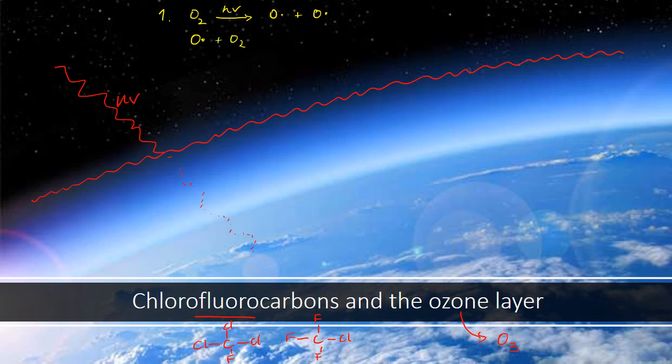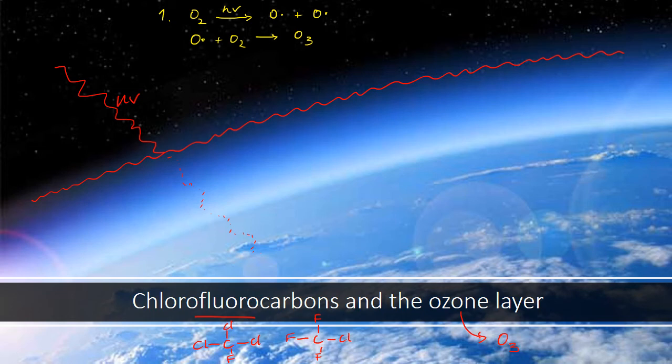So they're going to collide, and you're going to make an O3 molecule, and that's how we get ozone. So now we've created ozone, and we like that because it saves us from the ultraviolet rays.